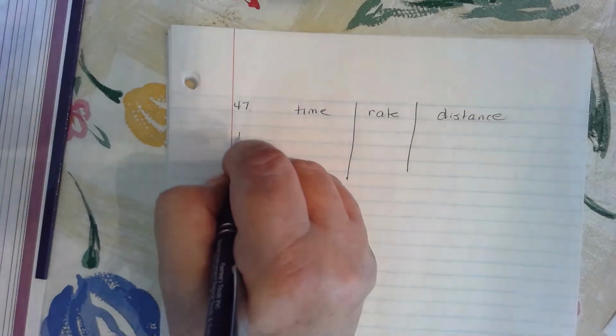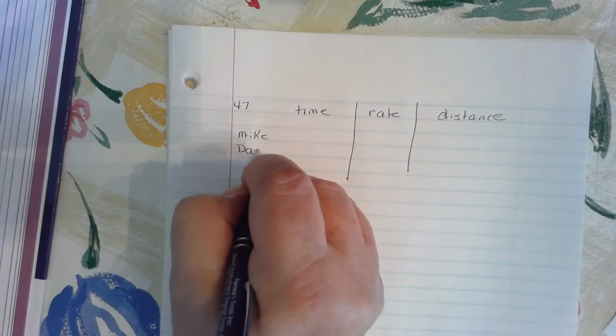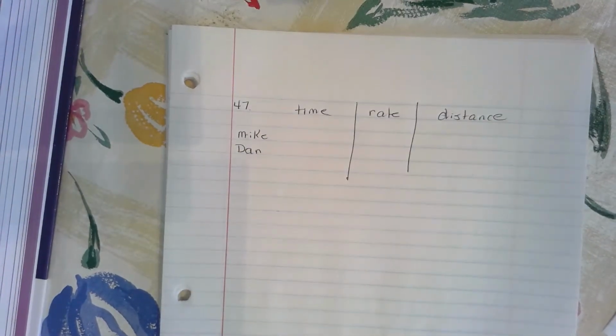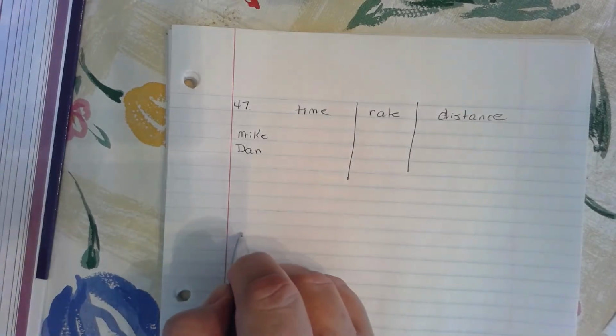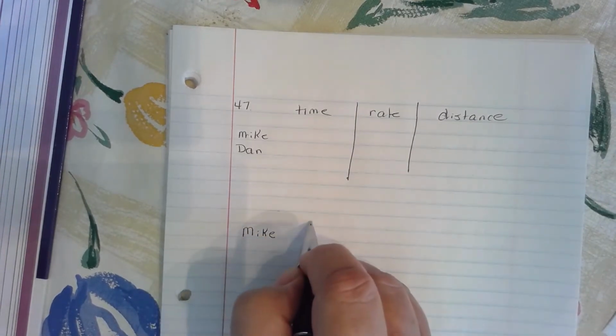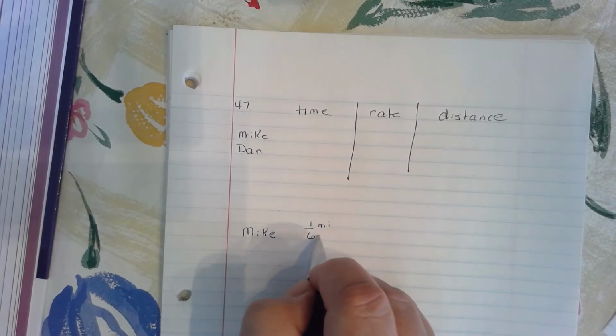So we have Mike and Dan. Now you need to read the problem so that you can understand where I'm pulling this information from. The problem tells me that Mike can run 1 mile in 6 minutes.